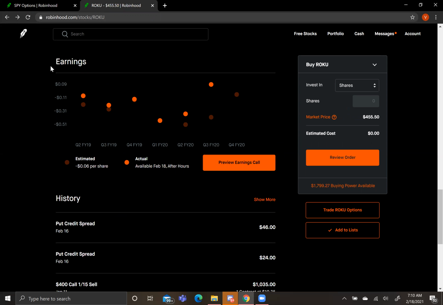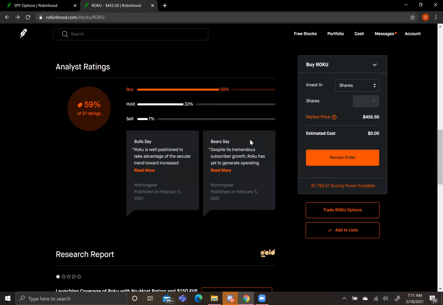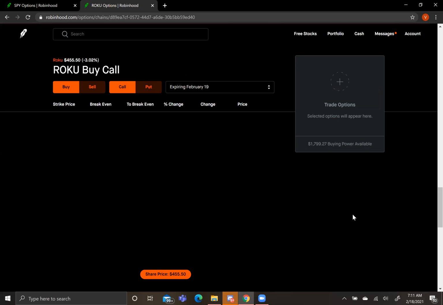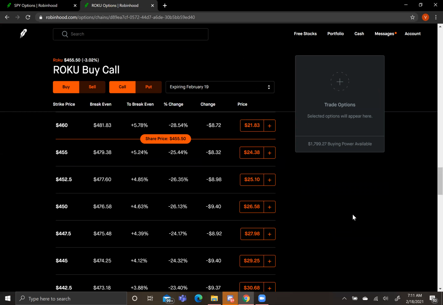When we look at the earnings, for Q2 and Q3 fiscal year 20, they've just killed their earnings because of COVID. And I'm expecting very strong earnings for Roku for Q4. When a company has really good earnings, the stock potentially has room to go up. That's why I did put credit spreads on Roku.